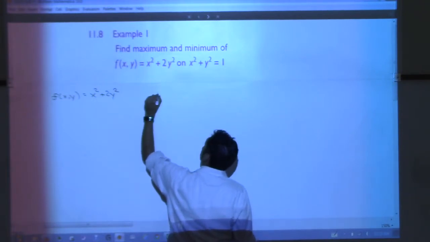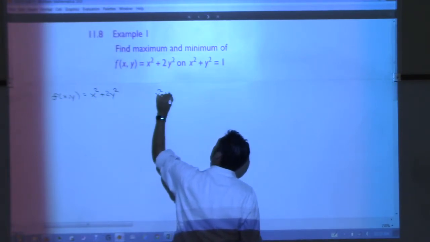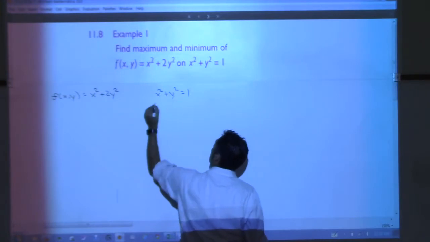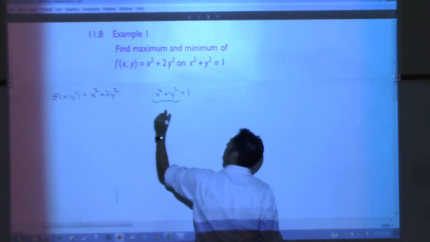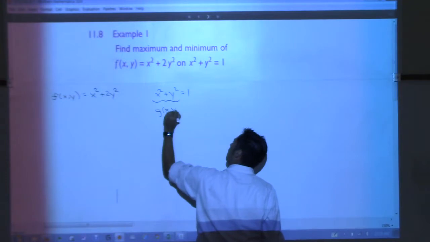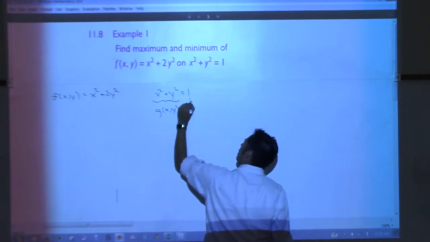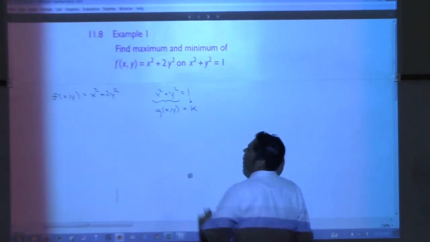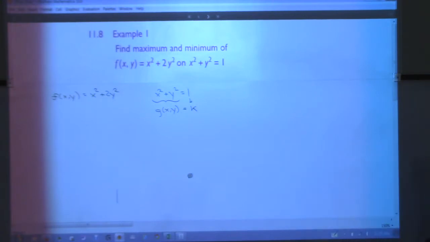The constraint equation is x squared plus y squared equals 1, which means this is our g of x, y, and then this equals k. With me? All right, first step, we're going to set up three equations right now. It becomes very difficult for me to get this all on the board, so I'm going to have to keep erasing. So take good notes.